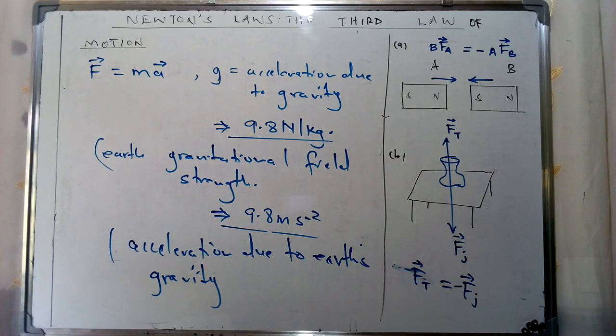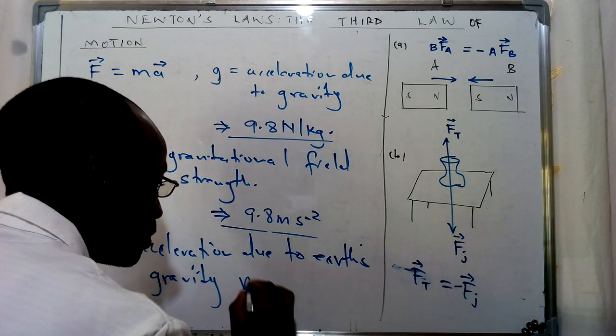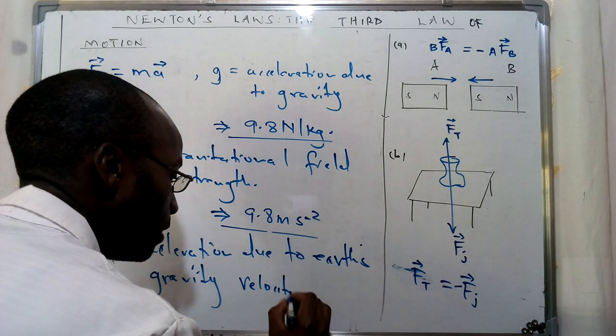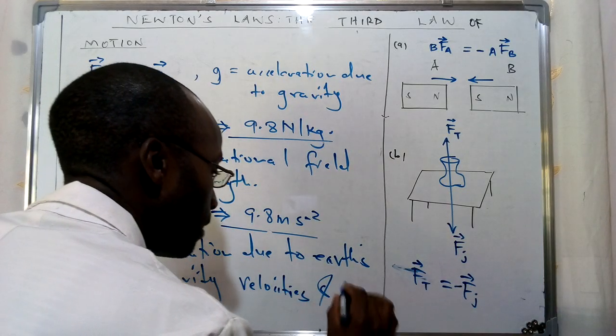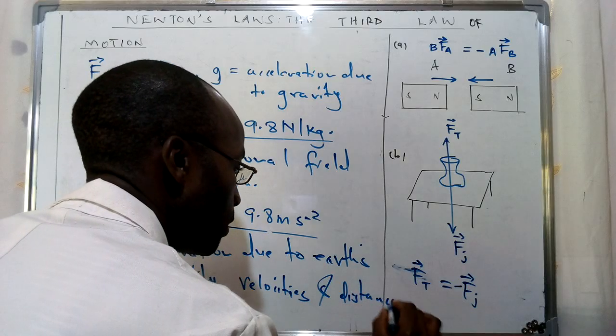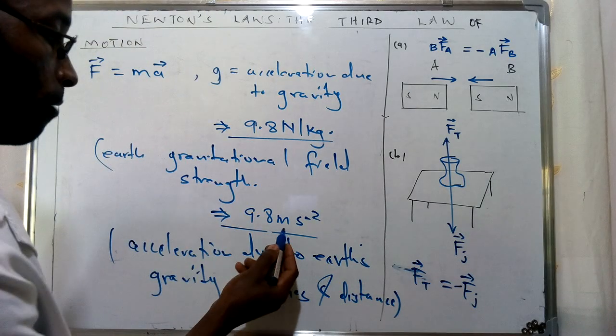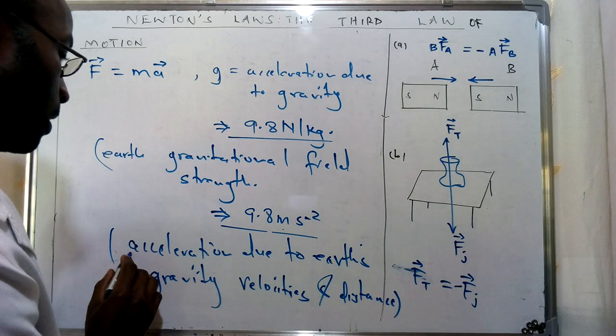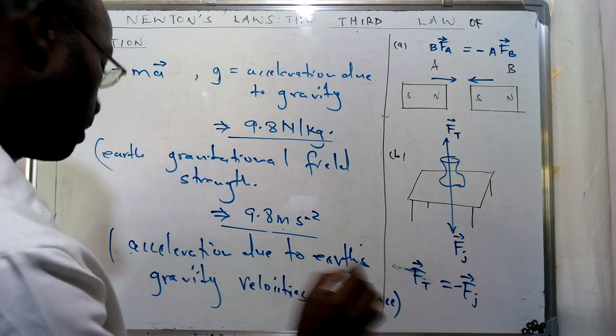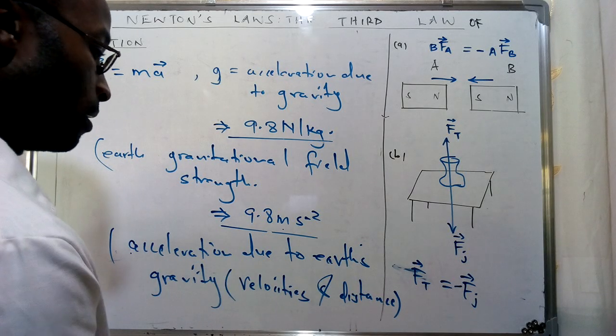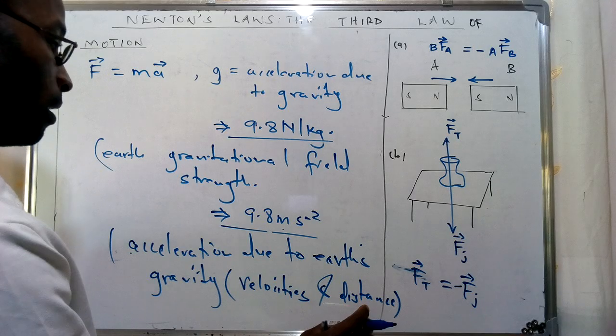This second one is particularly used to evaluate velocities and distance, which have been our point of interest. As you can see, there's a dimension of meters per second. Therefore, the acceleration due to Earth's gravity is going to assist us in evaluating velocities and distance.